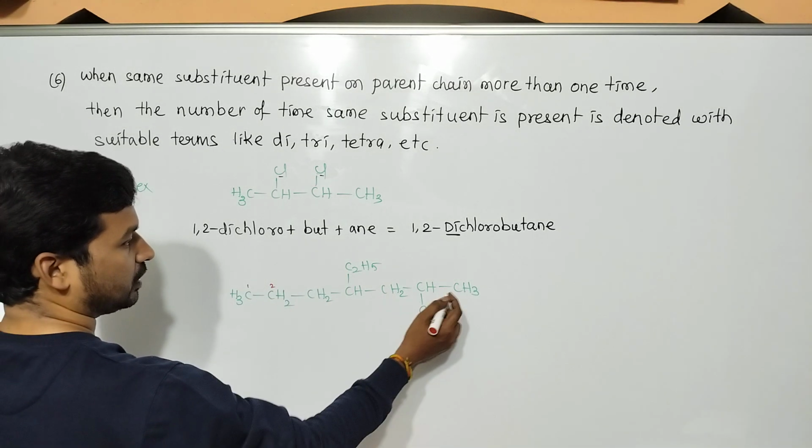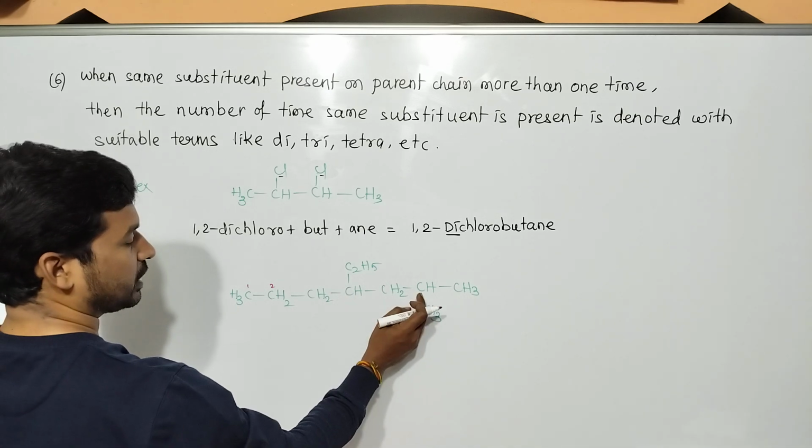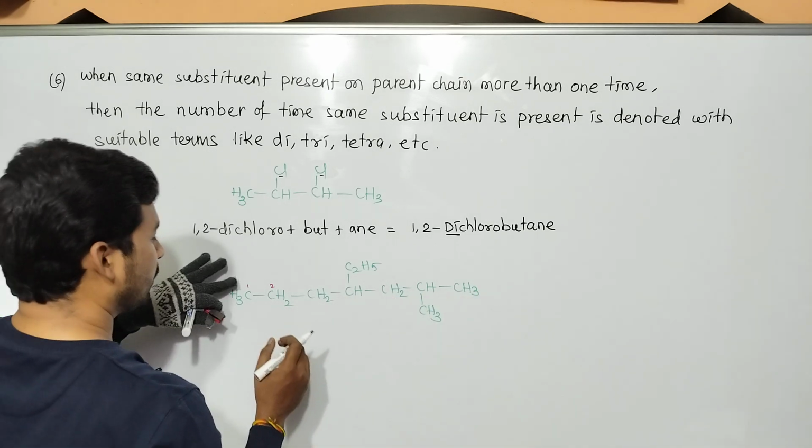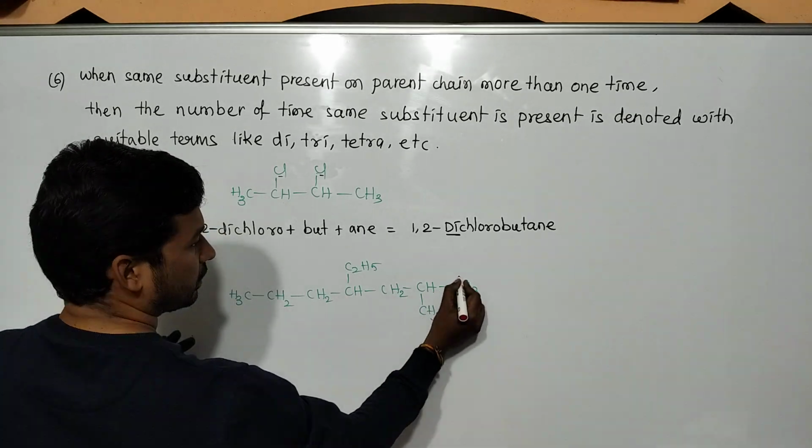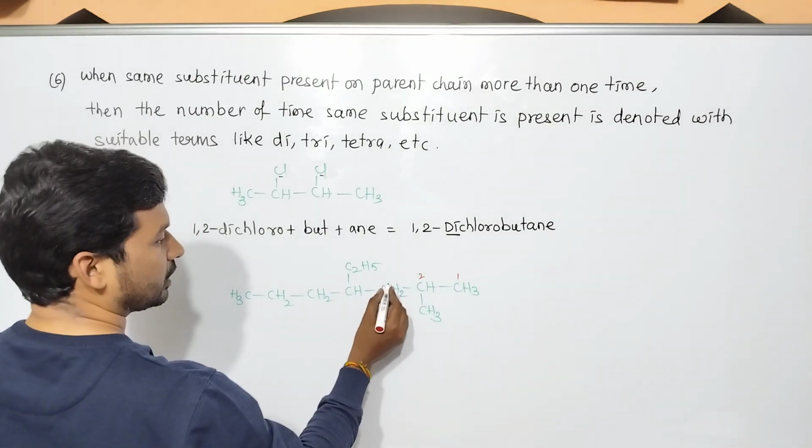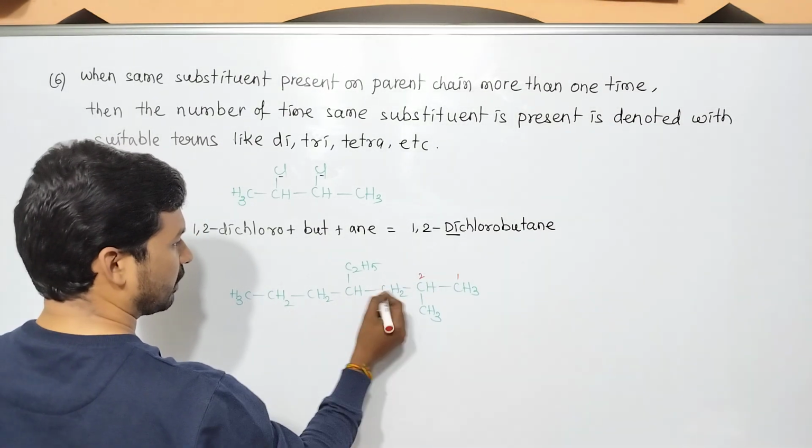If you give numbers from left, this substituted carbon gets the 4th position, 6th position. If you give numbers from right to left, this substituted carbon gets the 2nd position, here the 4th position. This one will become correct.